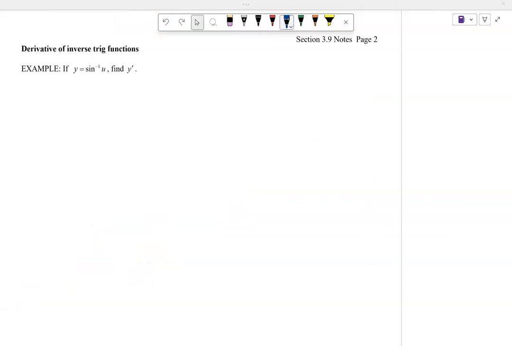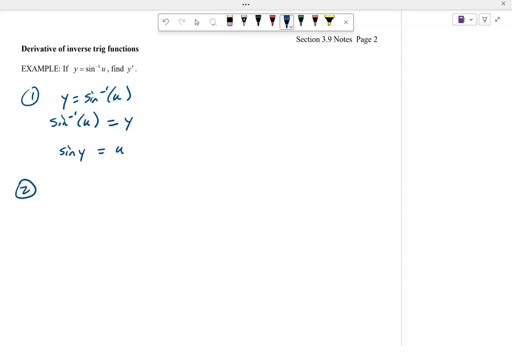So this will set us up for finding the derivative of an inverse. Number 1 here, notice we have y equals the arcsine of u. So the arcsine of u equals y. That means the sine of y must equal u.